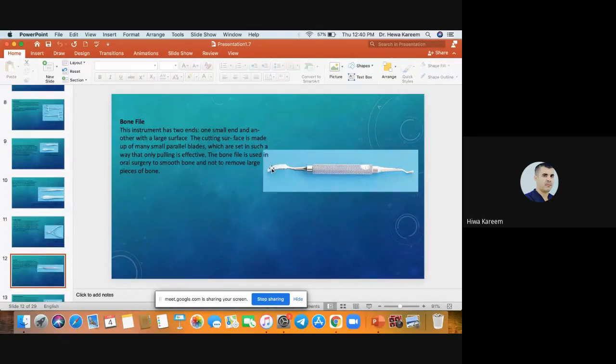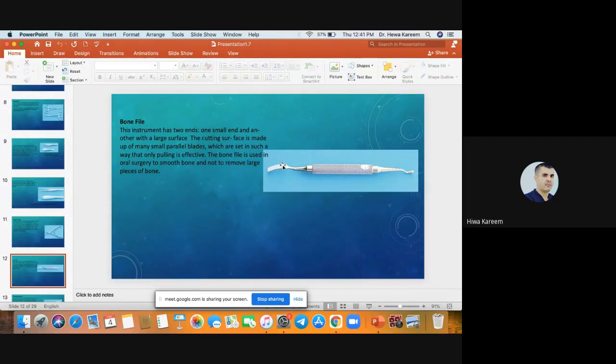This is a bone file. The peaks are parallel, for smoothing the bone. We have two ends, a large end and a small end.